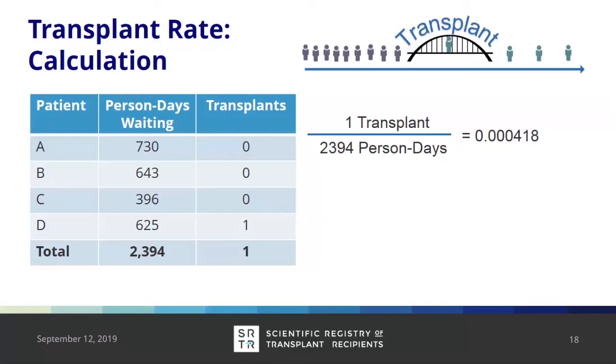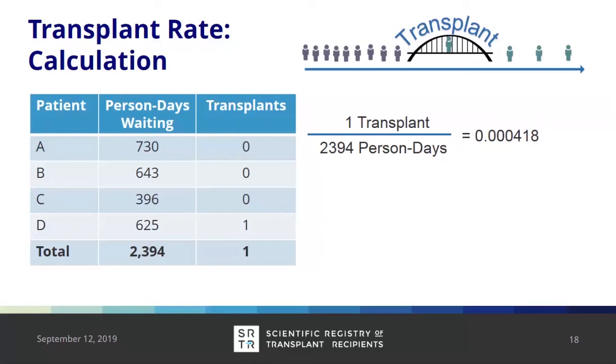Now, if you do the math on just those raw numbers, you get this small decimal, 0.000418. And that is a rate, you could say that would be the rate of transplants occurring per person day at risk. And this is where I come back to that calculating these things at a daily rate level is hard for me to get my head around.